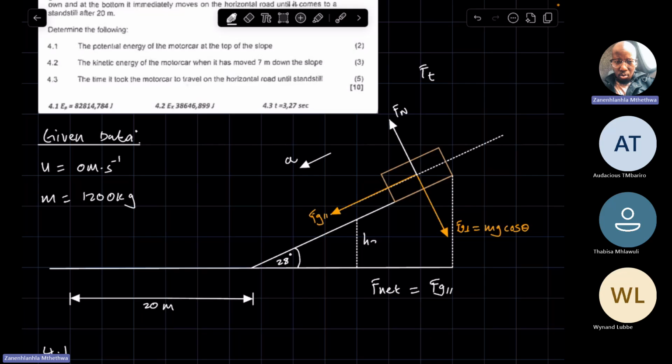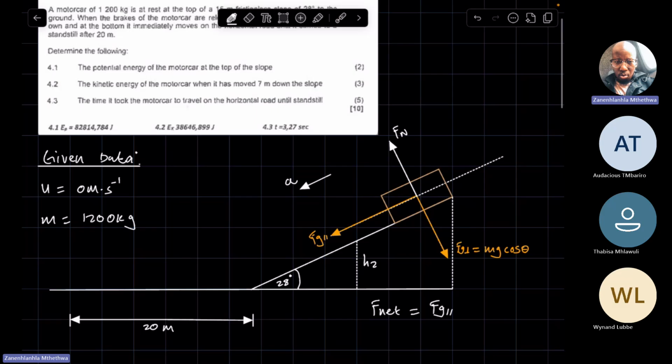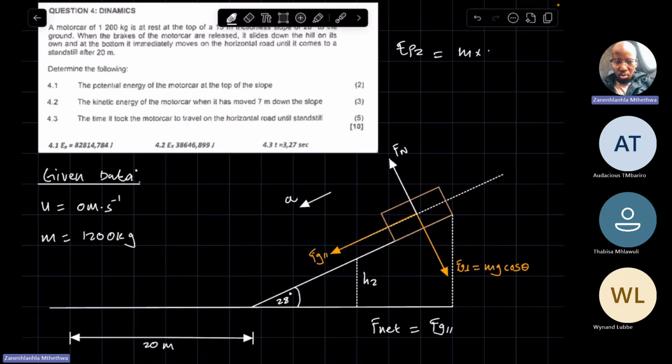Let's call this H2. We need to establish what that H is so that we are able to calculate the EP at 2. So EP at point 2 is equal to M times G times H2. Once you have H2, you would then have EP2.